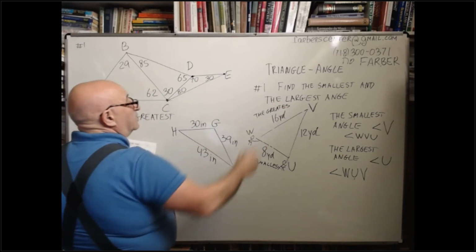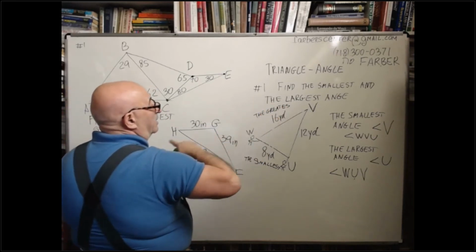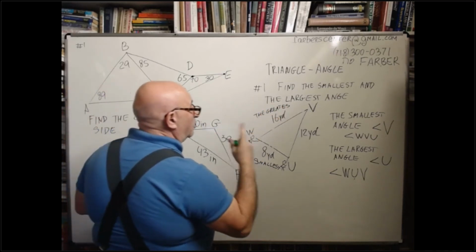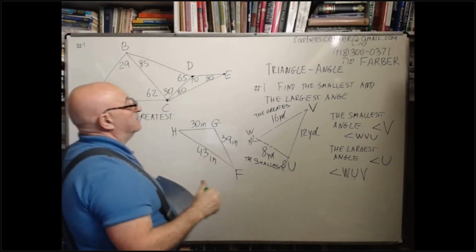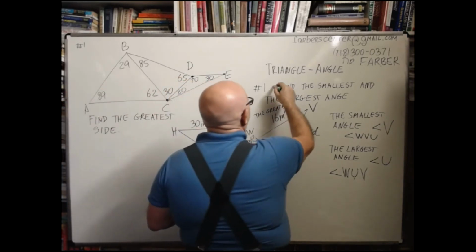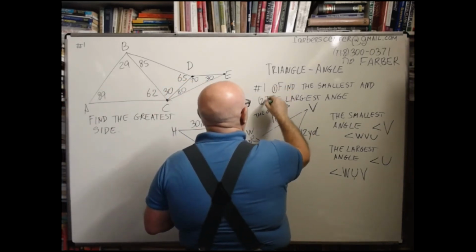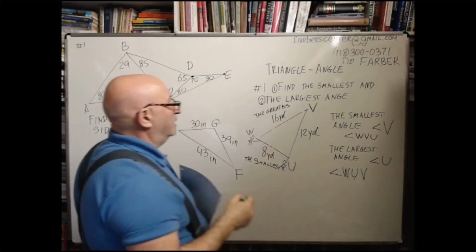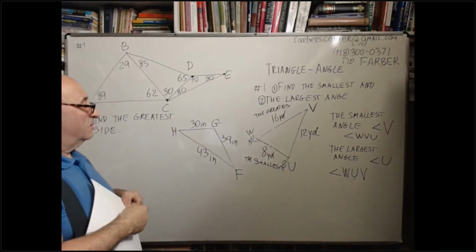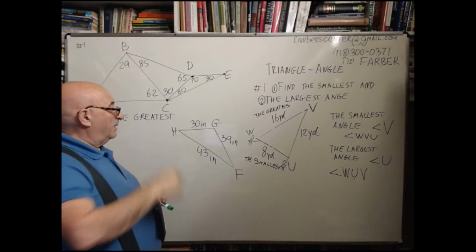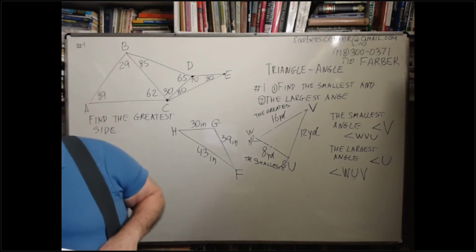Answer me two questions. The smallest angle, the first one, the smallest. This is question number one. And the largest. Send me two angles, divided by a comma. Good luck.